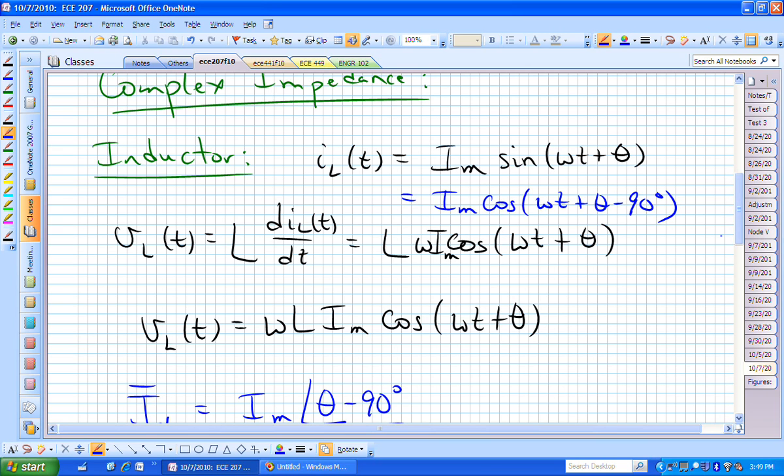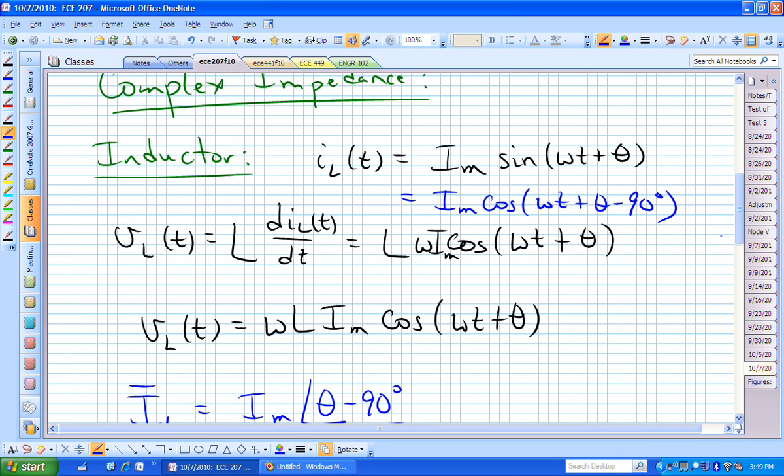I said, I don't want to deal with negative signs, and the derivative of a sine is a cosine, no negative involved. That's why I arbitrarily selected a sine signal for the current of I sub L to begin this discussion. But now that I selected it, I had to live with that selection.